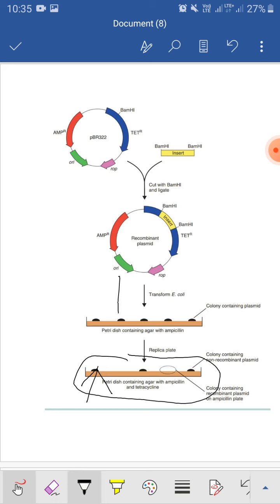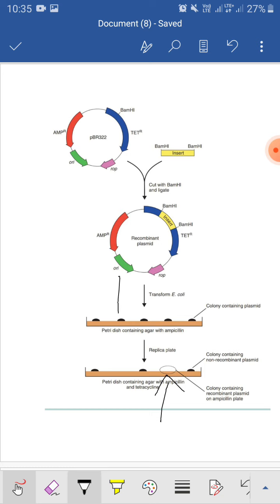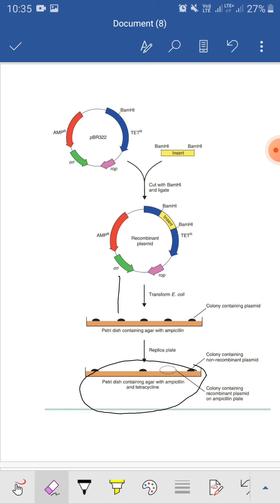But to see whether the transformation has occurred, this colony containing recombinant plasmid on the ampicillin plate is, in the next step, plated with both tetracycline and ampicillin. Because the tetracycline gene is disrupted in the recombinant one, those transformed plasmids are unable to survive in the presence of tetracycline.